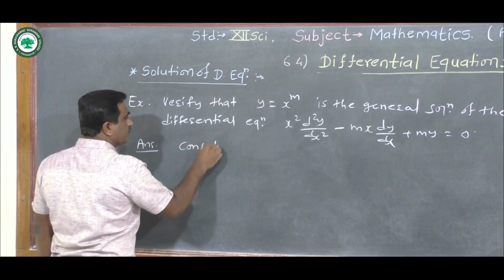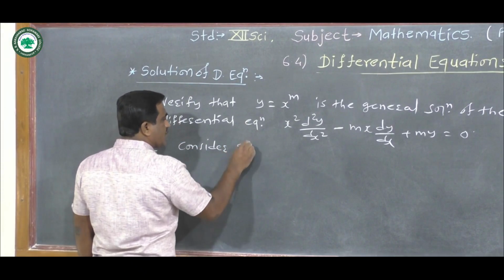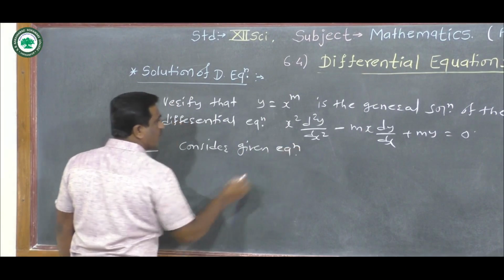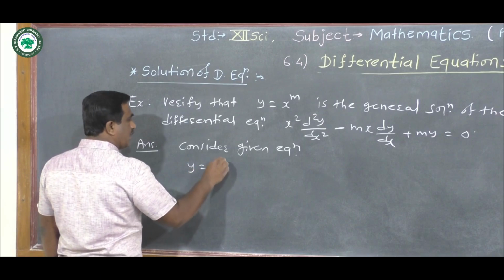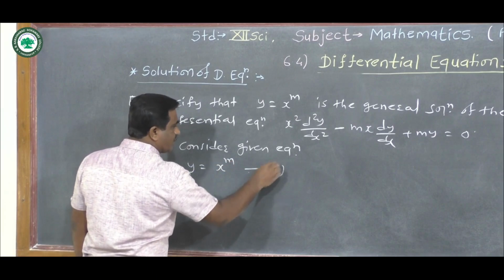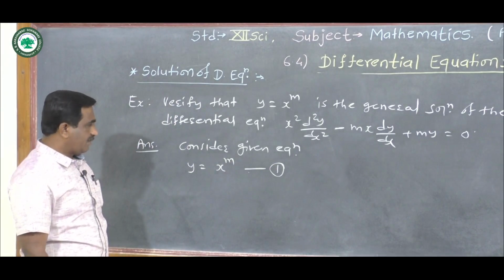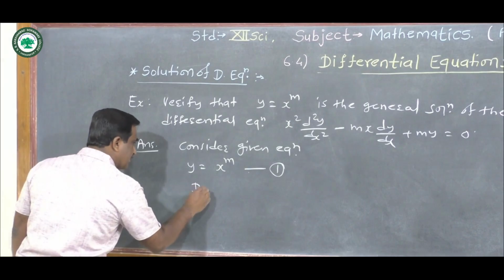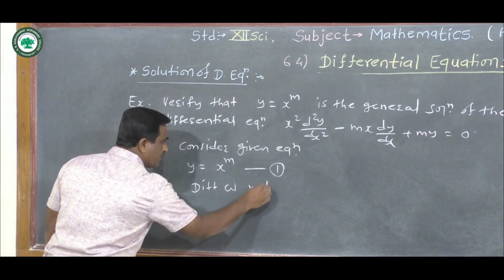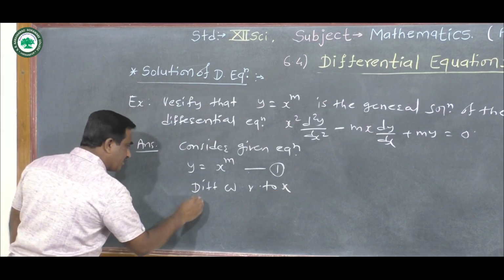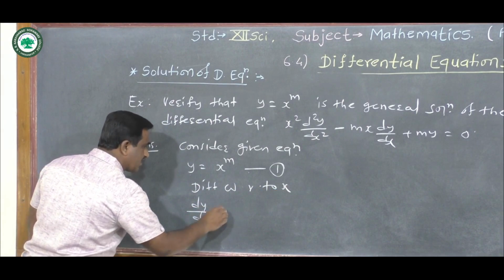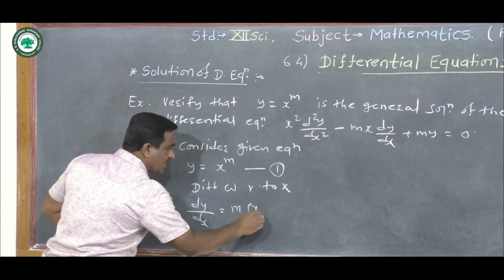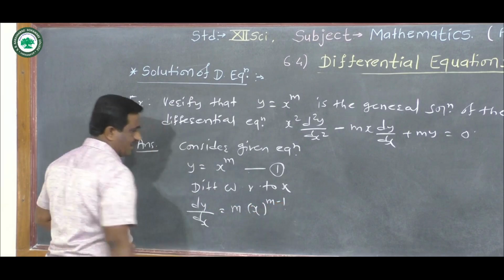Consider the given equation, which is y equal to x raised to m. Say this as equation number first. Okay, now differentiate this equation with respect to x. Derivative of y, dy by dx, equal to derivative of x raised to m, which is m into x raised to m minus 1.